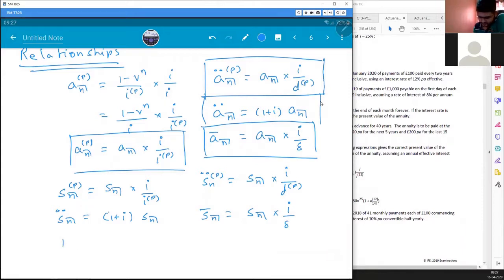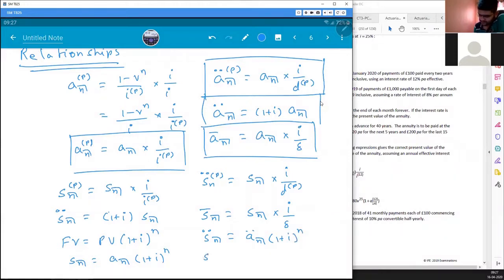We know our future value is nothing but present value into 1 plus i raised to n. We'll have the same relationship. s-n will be equal to our a-n into 1 plus i raised to n, same as for due-n and so on.